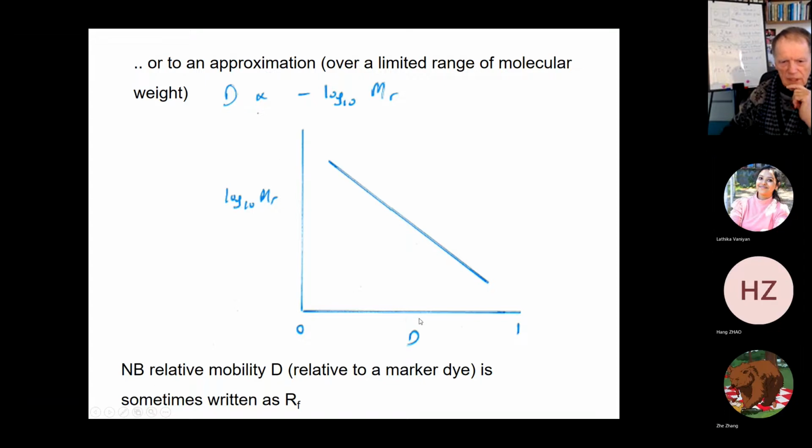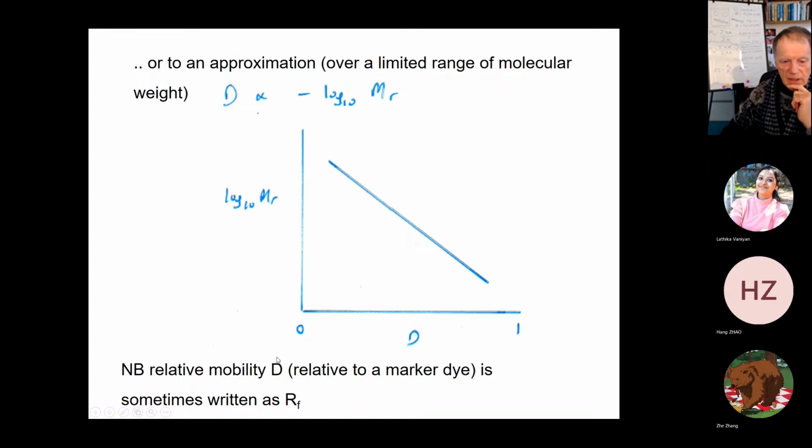Then you measure the mobility of your unknown material and then read off on this logarithmic graph what the log of the molecular weight is, and then take the anti-log, and that gives you the molecular weight. So it's very simple how you measure molecular weight of proteins with this technique.